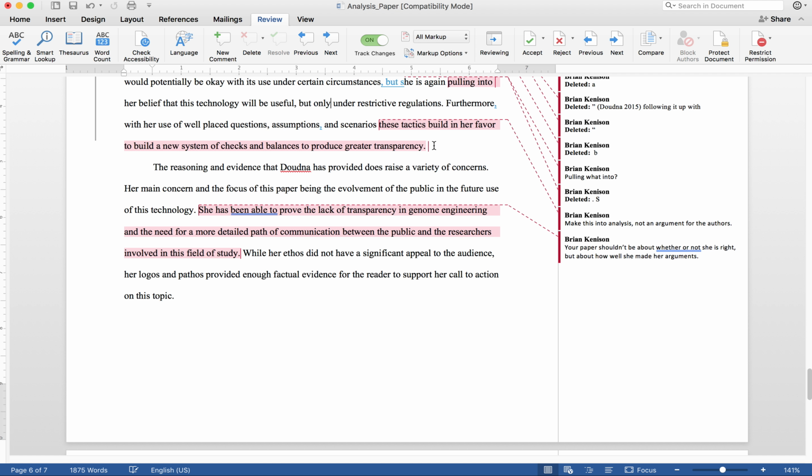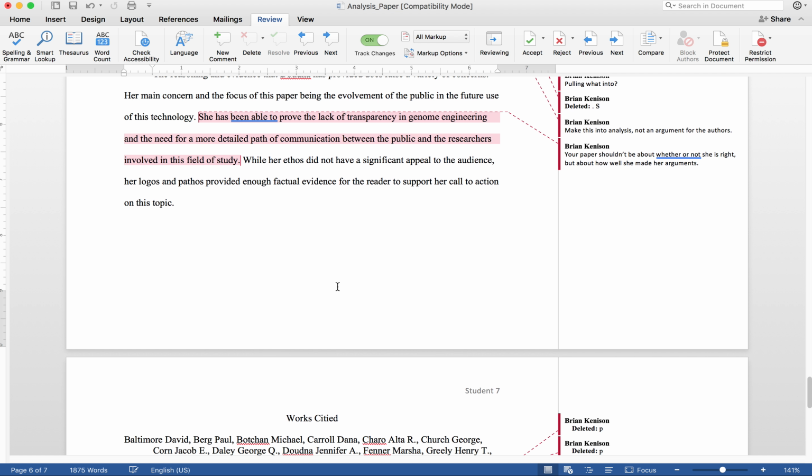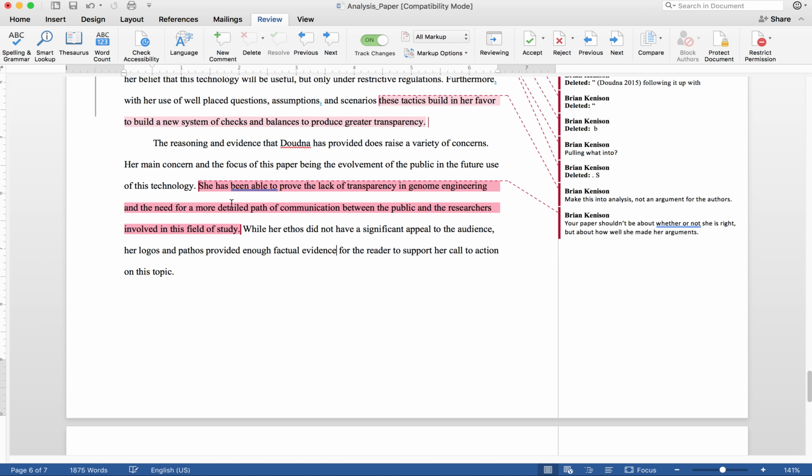Again, we have kind of an argument for the author instead of an analysis of how well something's being done. Then we're getting down now into the conclusion of the paper.